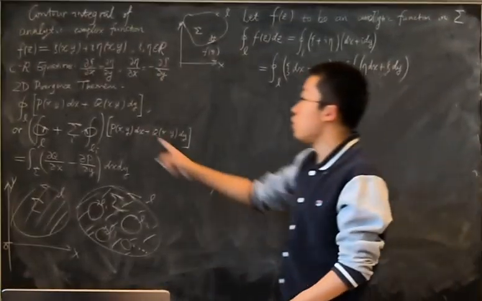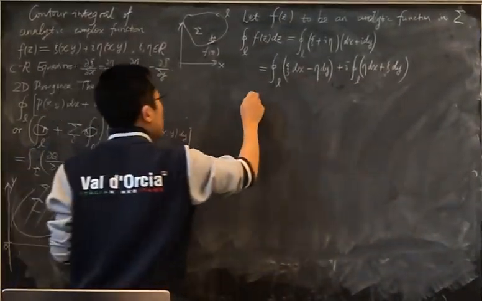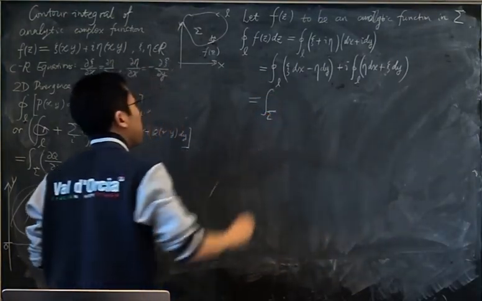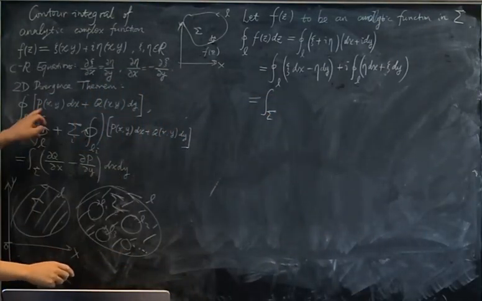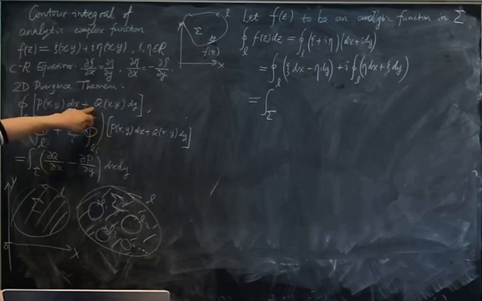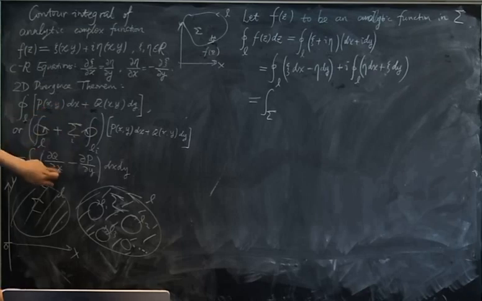Now, let's use the 2D divergence theorem to rewrite the integral. Instead of a line integral, let's write a surface integral. So P is xi and Q is negative eta, right? Q is negative eta, P is positive xi. Plug it in here, negative eta, positive xi.